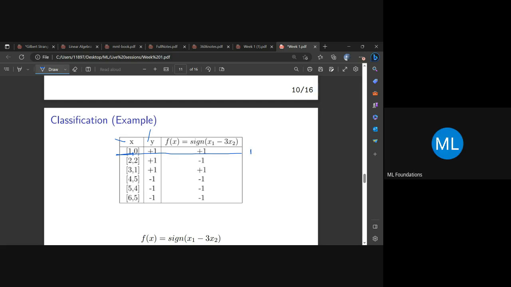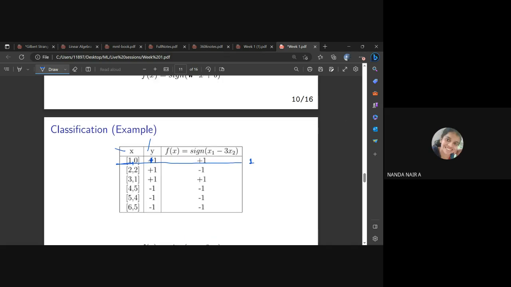What is x2? Zero. So this just remains the 1. Is this 1 equal to y1? It is true, right? The sign of this is positive, right? Yes. So again it is 1, so I can give this as +1.